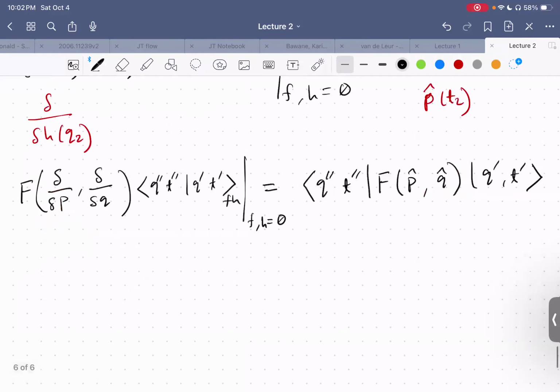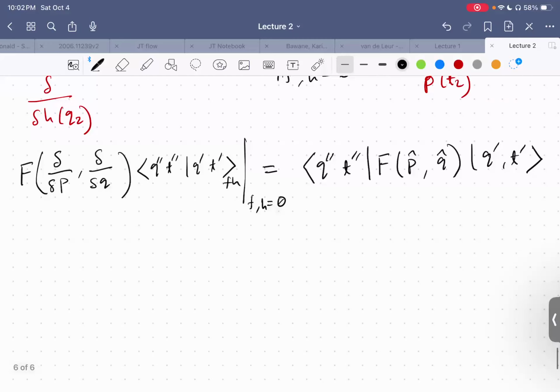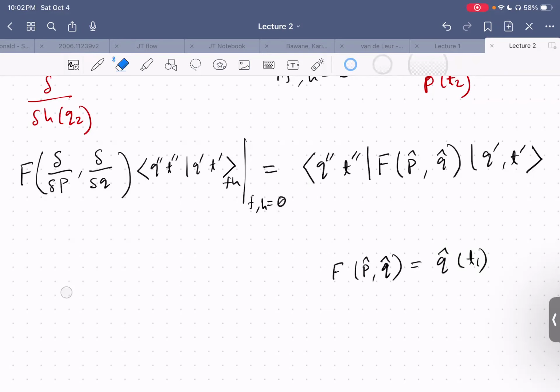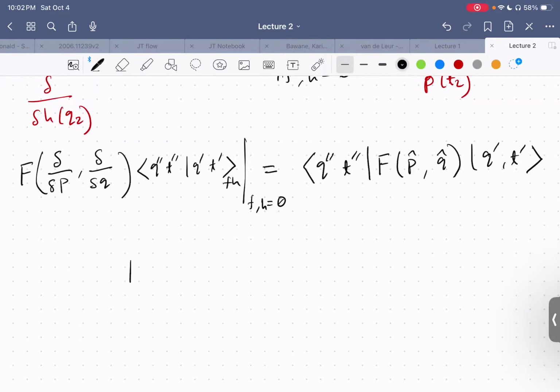All right. So what I mean by this notation is that, if f of p hat, q hat is just q hat at time t1, then f, I don't want to write f so many times. So let's say f del.